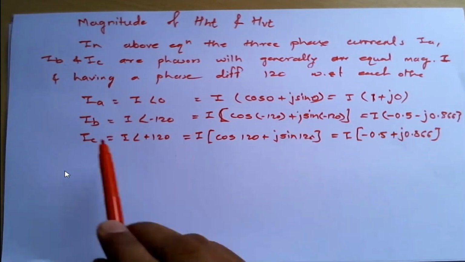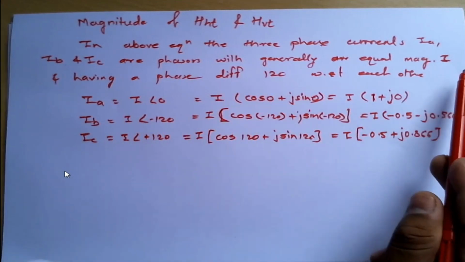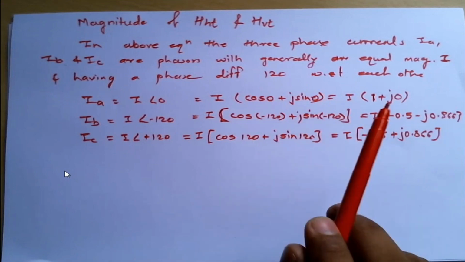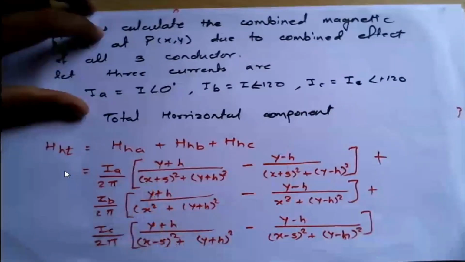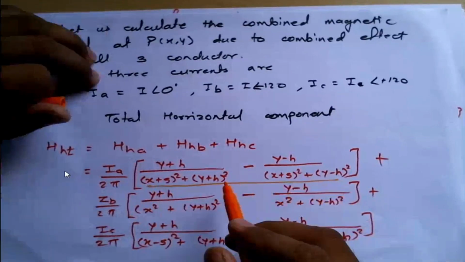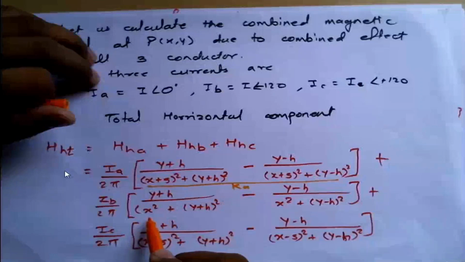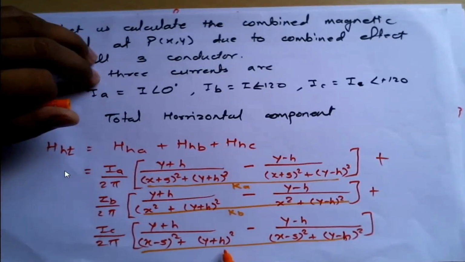Okay, so these are the three currents which are equal in magnitude but have a phase difference of 120 degrees. And in this equation, let us say this factor I will denote as Ka, this one as Kb, and this one as Kc.